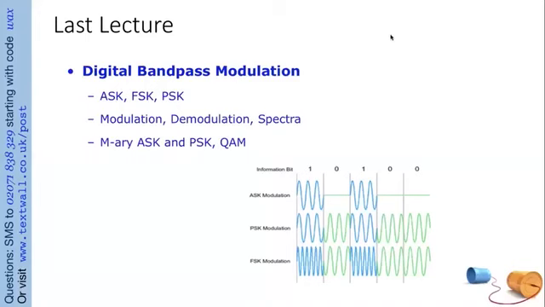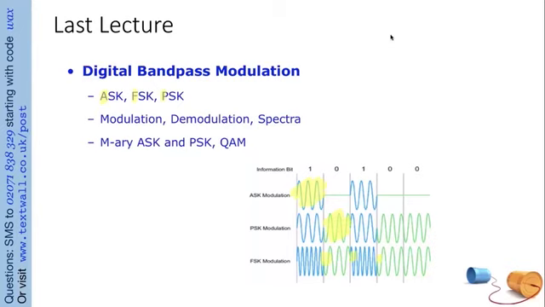So last time when we met on Monday, we spoke about digital bandpass modulation, so digital wireless modulation. And we said there are three things that we generally change, and that's the amplitude, the frequency, or the phase of the carrier. So we have our amplitude shift keying, our phase shift keying, and our frequency shift keying.